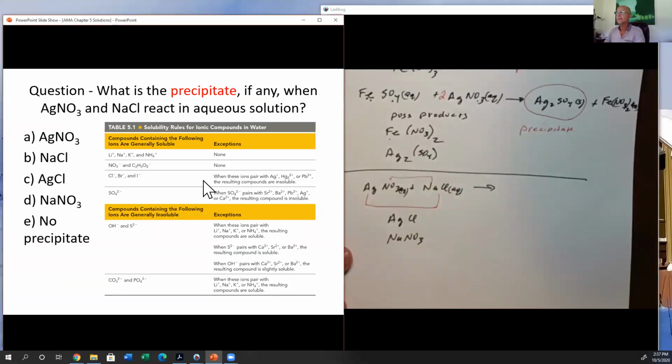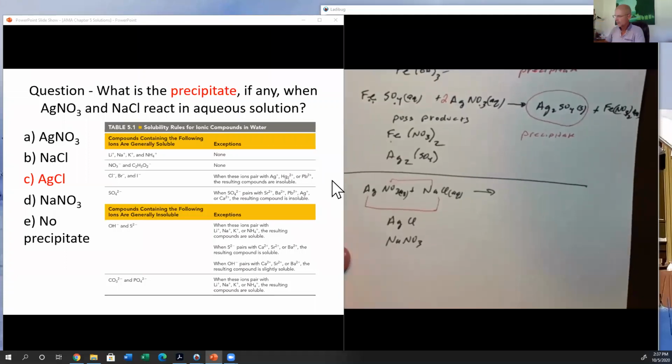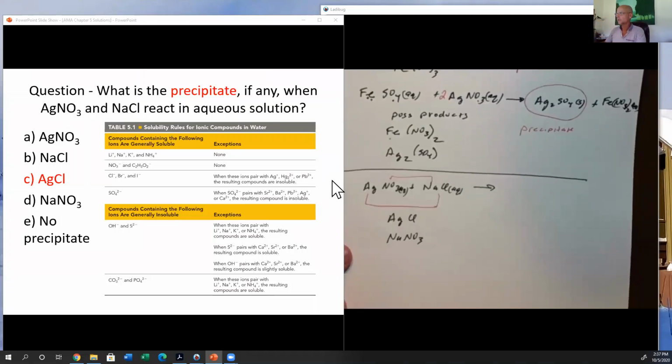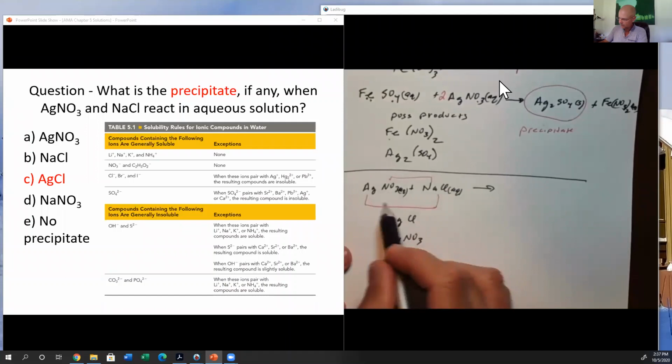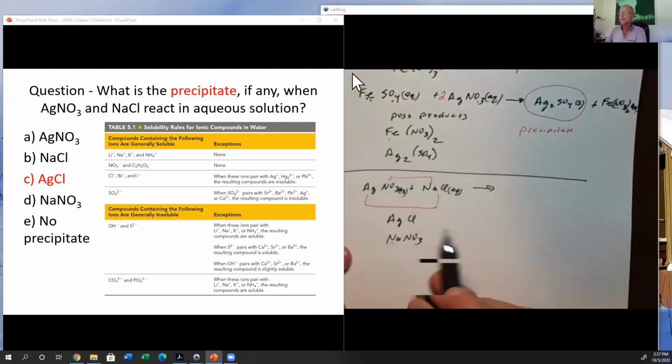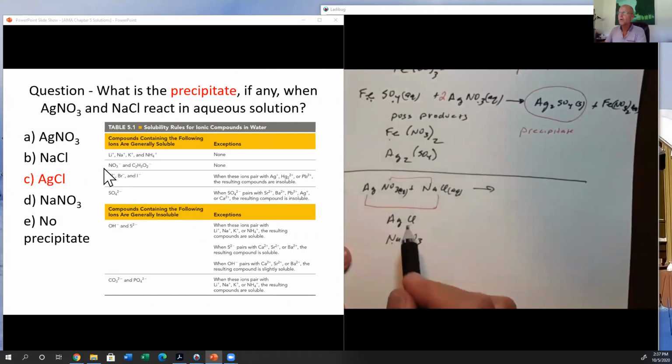Okay, very nice. The majority of you got that. The correct answer is C. Nice work. Basically, you look at the cross products, silver chloride and sodium nitrate. You look at the solubility rules and see that silver chloride is a chloride.